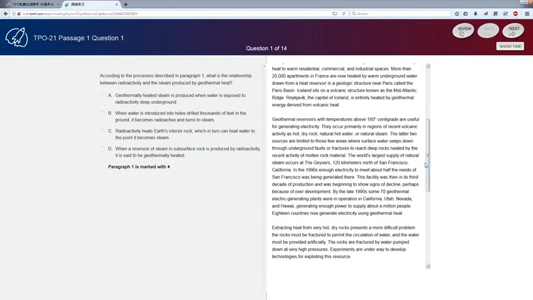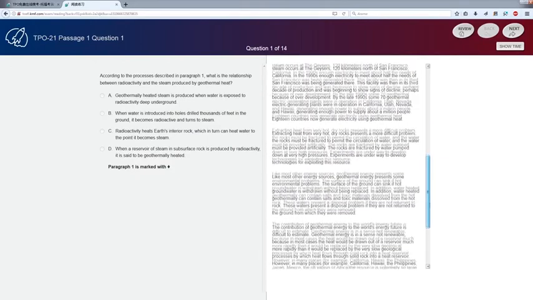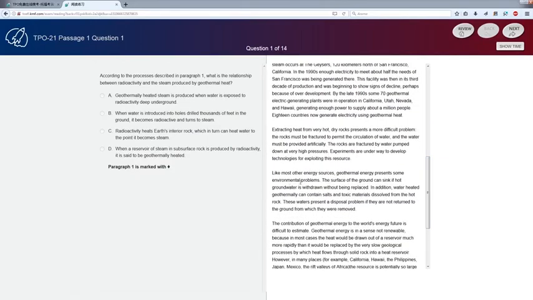So here it's talking about the geothermal reservoirs, geothermal energy, the outcome of it, and some examples of it. Extracting heat from very hot dry rocks presents a more difficult problem. And then it's going to be talking about what the problems are. Like most other energy sources, geothermal energy presents some environmental problems.